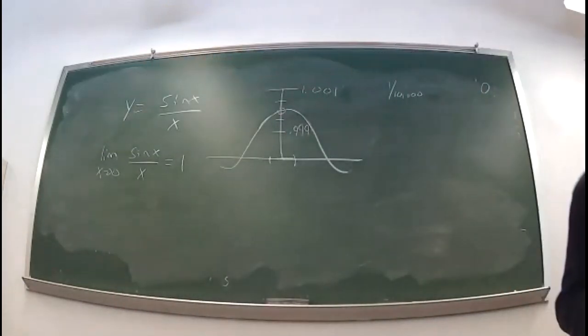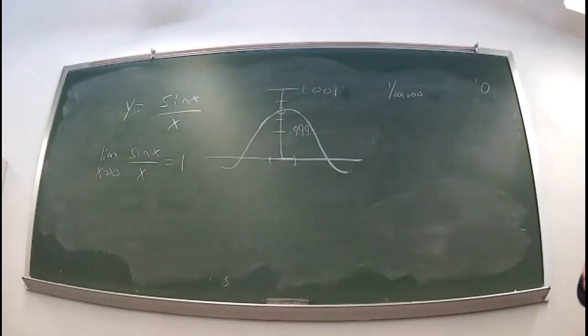So there is that game that you can play. And if it's possible to play that game for any number you pick, no matter how small, then we say that the limit of sine x over x is equal to 1. But you'll hear me describing that informally just by saying that as x values get close to 0, the y values get close to 1.